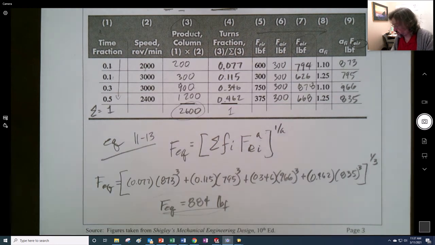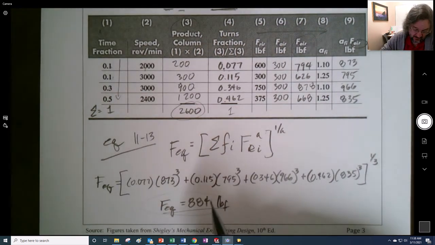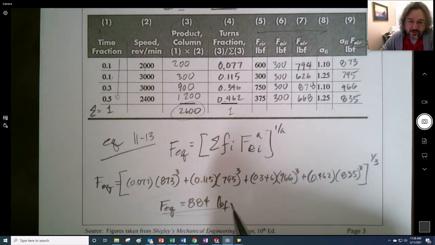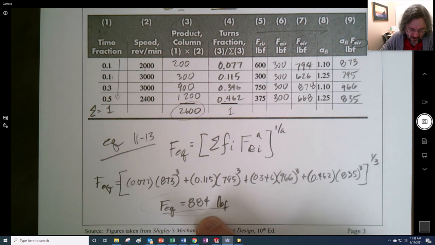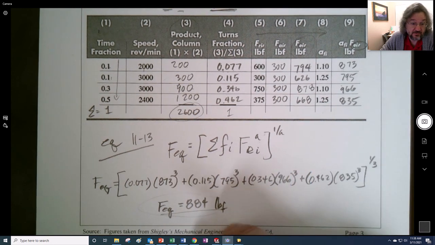I would turn that into kilonewtons, and that's what we would use to go into the catalog. Before we go to the catalog, we need to adjust this for the amount of hours that we were going to be doing for the thing.